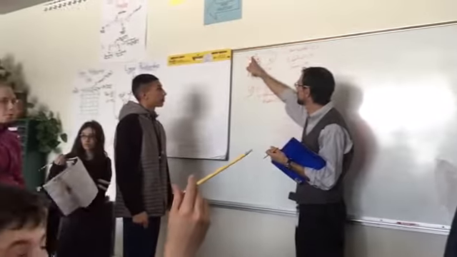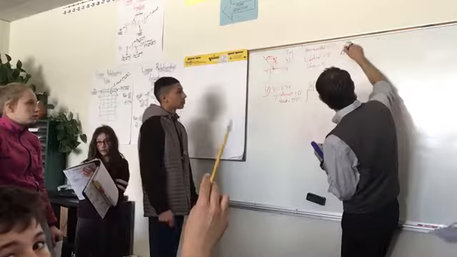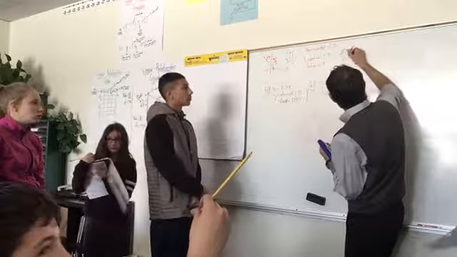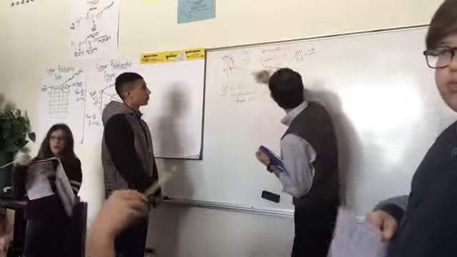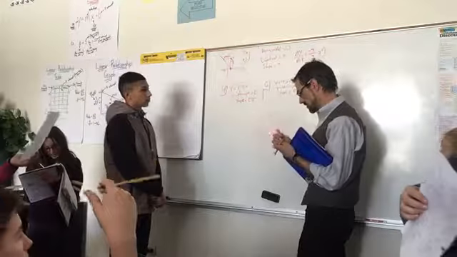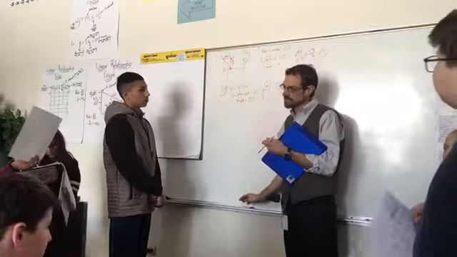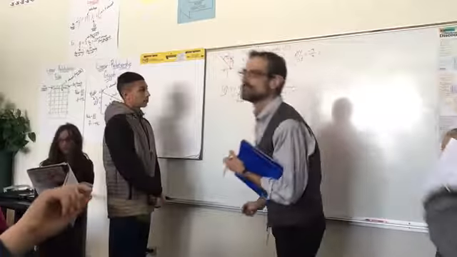So now I have a -3 because it's negative, change in y over change in x. I have a -3 change on my y, +3 change on x. I get a -1 slope. Does that make sense? Yes. Negative divided by positive is negative.